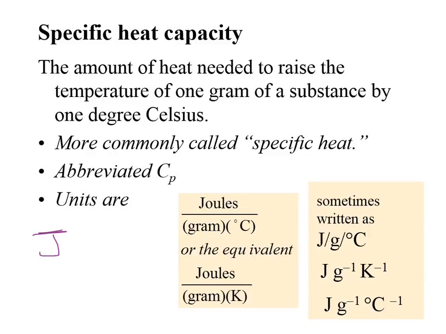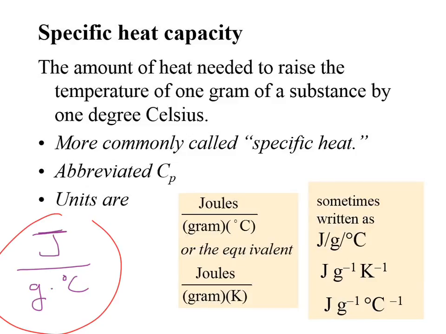Joules is a great unit of energy. We talked about that on Wednesday. Energy per gram, because we zapped 1 gram, per degree Celsius, because it budged 1 degree Celsius. Those are the units. Joules per gram, degree Celsius.